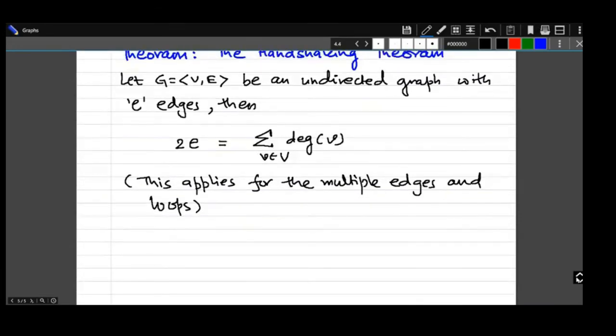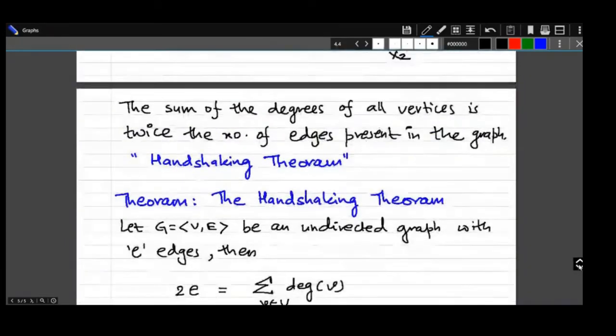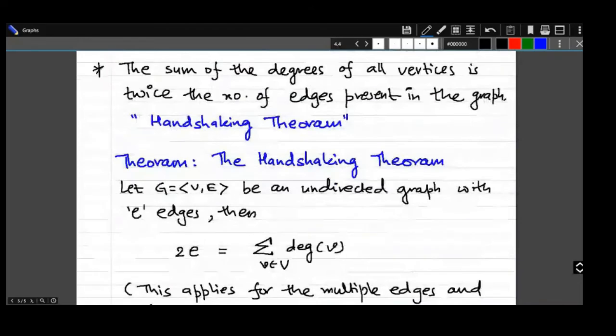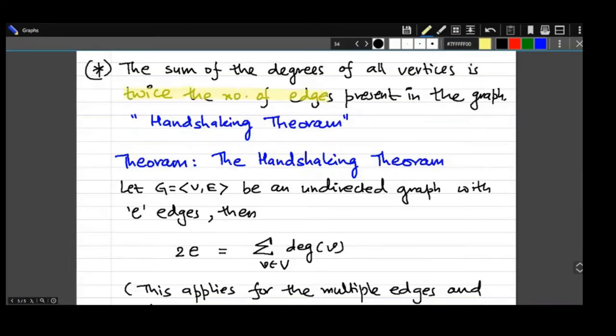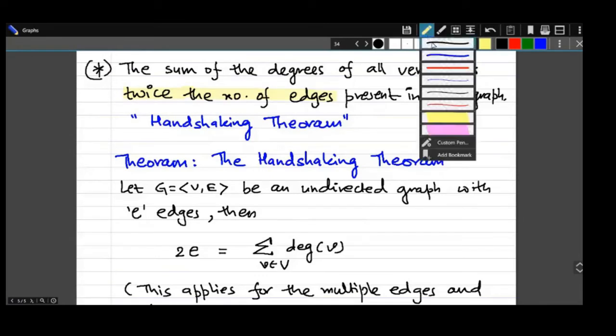So what do you mean by this? This is very important. The sum of the degrees of all vertices is twice the number of edges present in the graph.